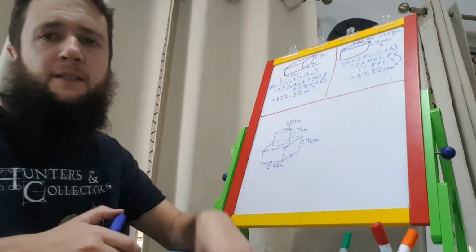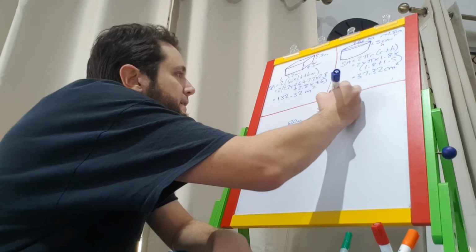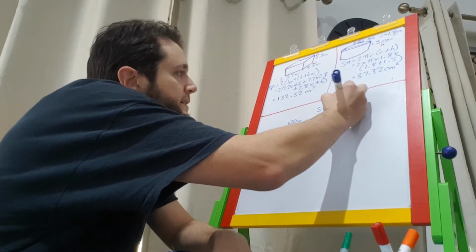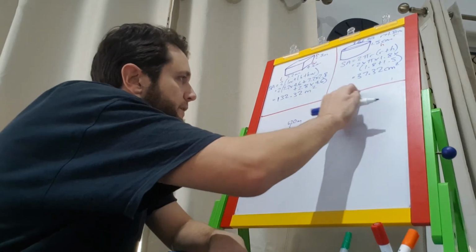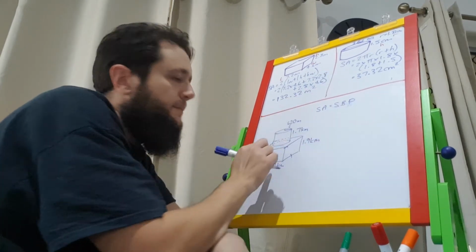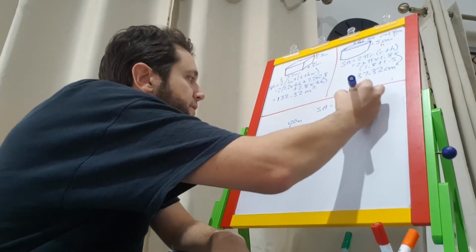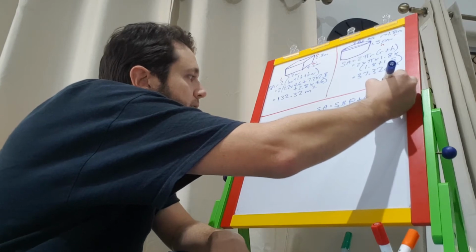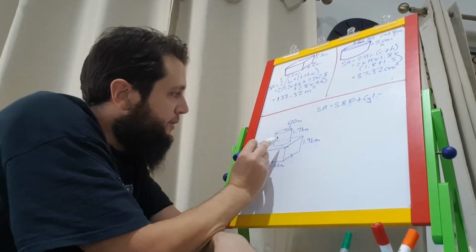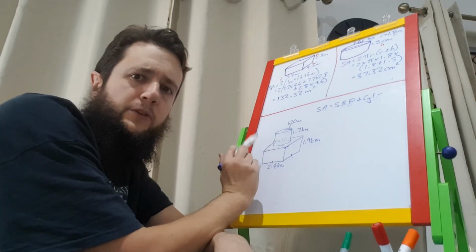Now, if we think about this logically, the surface area here has to be the square-based prism at the bottom, the surface area of that plus the surface area of the cylinder, subtract that circular base. You see that circular base there isn't going to be included.